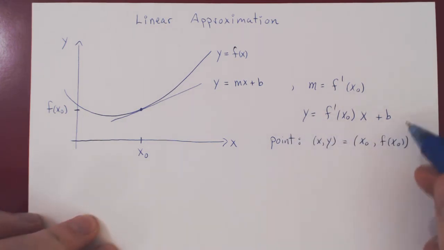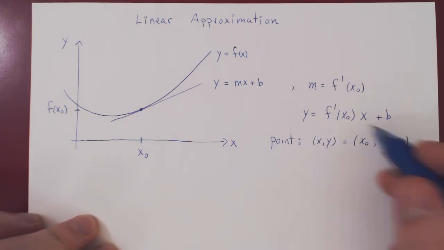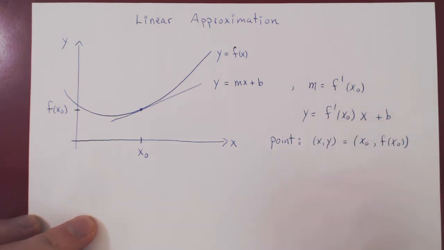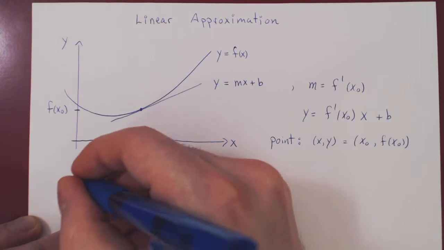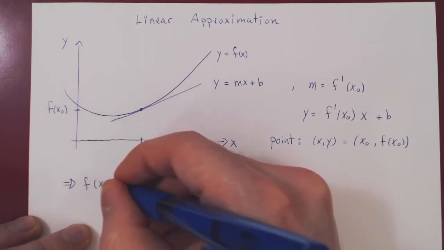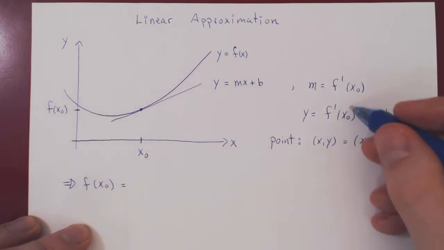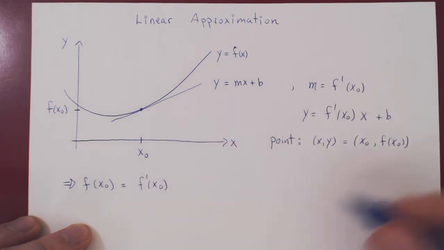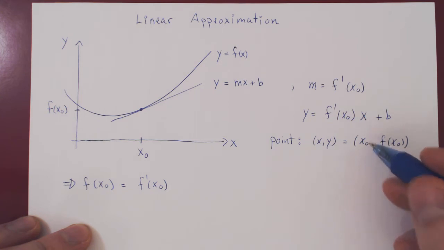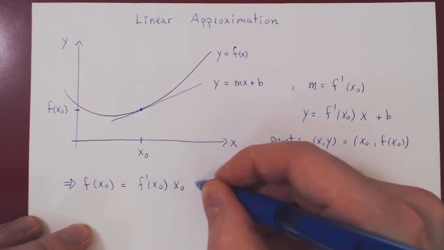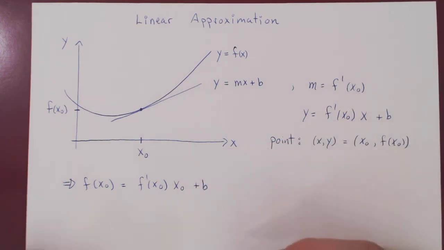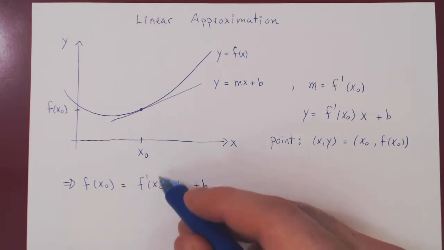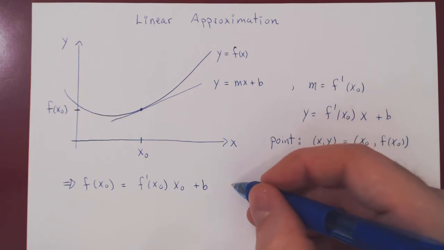As the tangent line passes through this point, it must satisfy this equation. So let's replace. Replacing y by f of x0 equals the derivative of the function at the point of tangency times x, which is now replaced by x0, plus b. So solving for b now is trivial. Subtract on both sides f prime at x0 times x0.